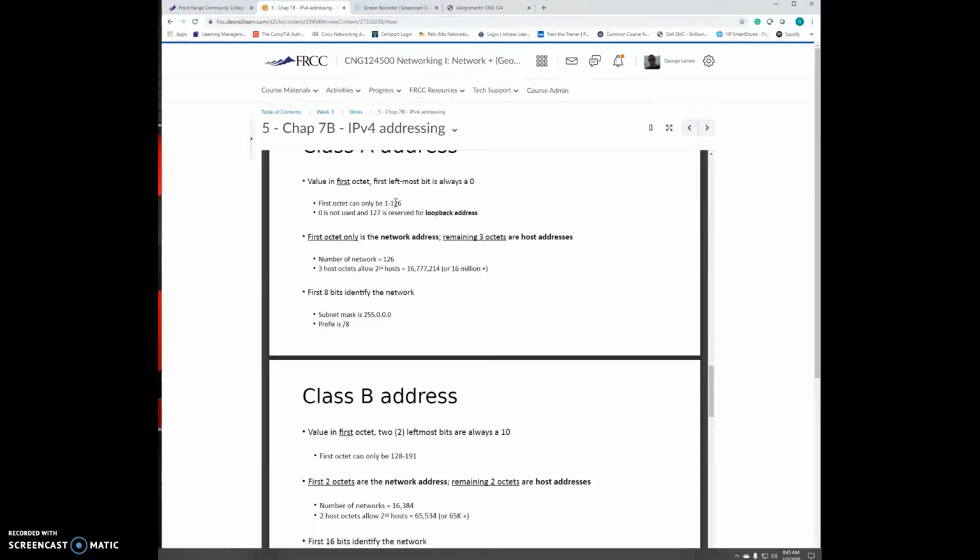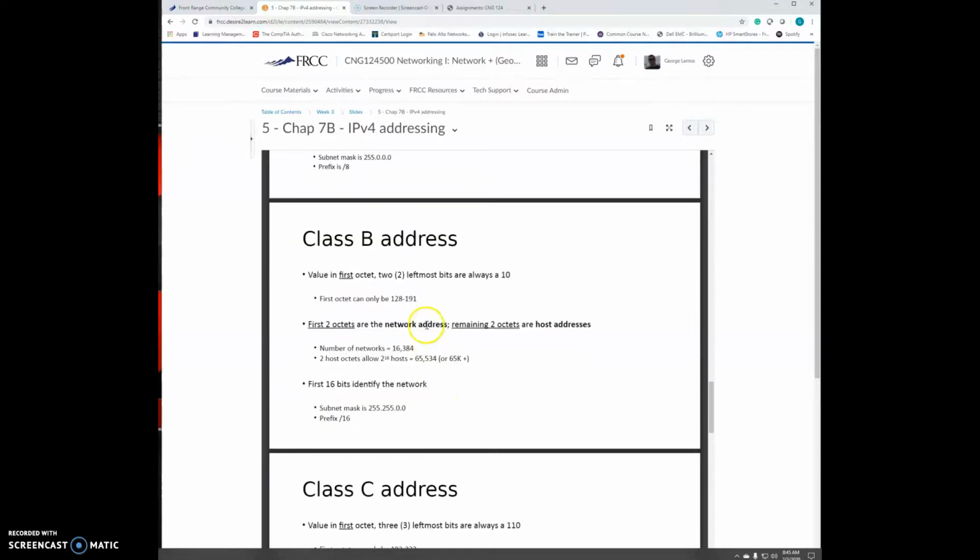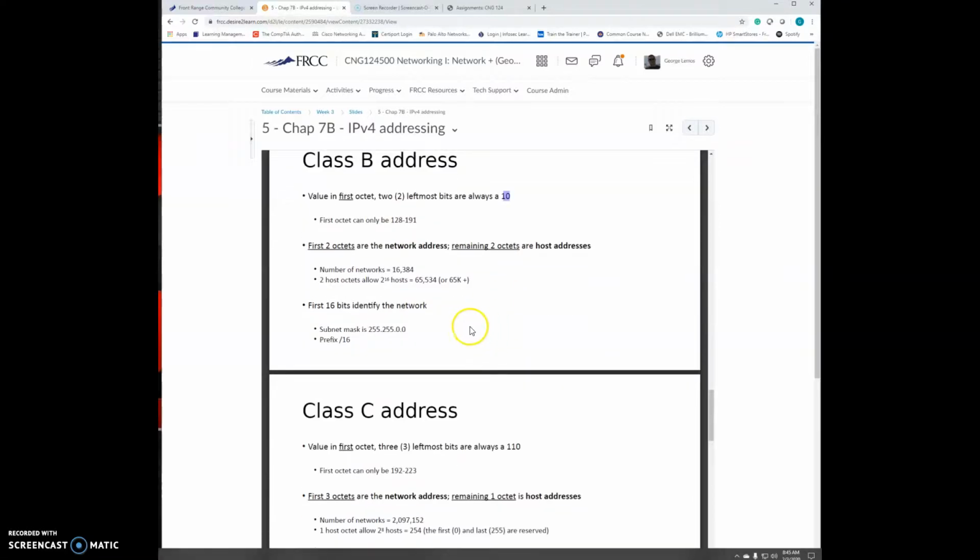We can't flip on the leftmost bit. It has to remain a 0, because as soon as we flip on that leftmost bit, we jump into a Class B, which is 128 to 191. So the two leftmost bits are always 1 and 0.